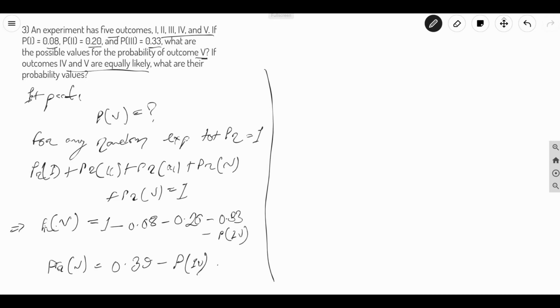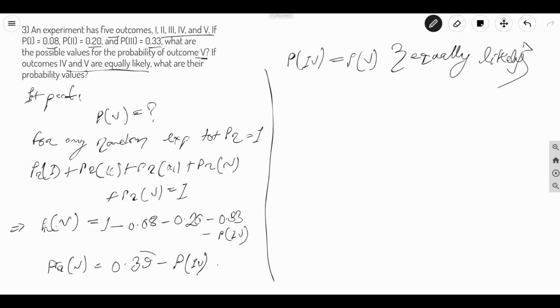Fine enough. Now we are given the condition that the probabilities of 4 and 5 are equally likely. It is mentioned that they are equally likely. So if they are equally likely, we can understand that the probability given here will be shared between these two.